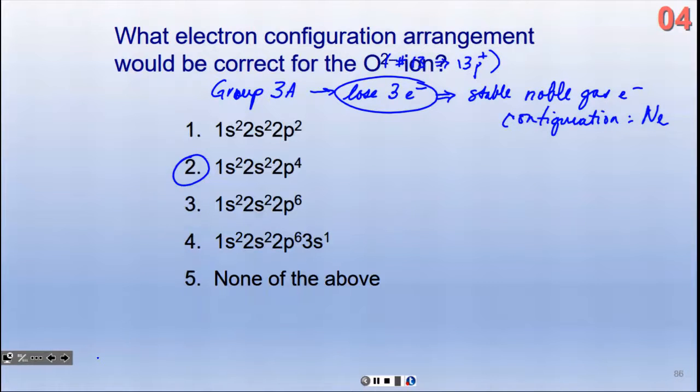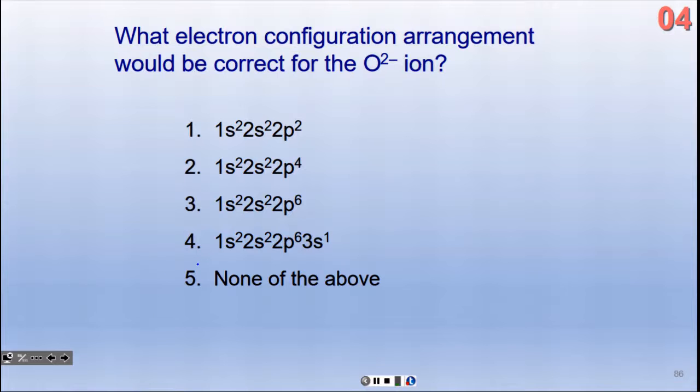That's what it takes. All right, what about the oxide ion, O2 minus? What electron configuration would be correct for the oxide ion? Well, we've got to make sure we think this one through. Oxygen is element number 8, and its ground state electron configuration means that it should have 8 electrons, right? So we're going to have 1s2, 2s2, that's 4, and we need 4 more, so 2p4. The oxide ion is going to have 2 more electrons, so add 2 more.